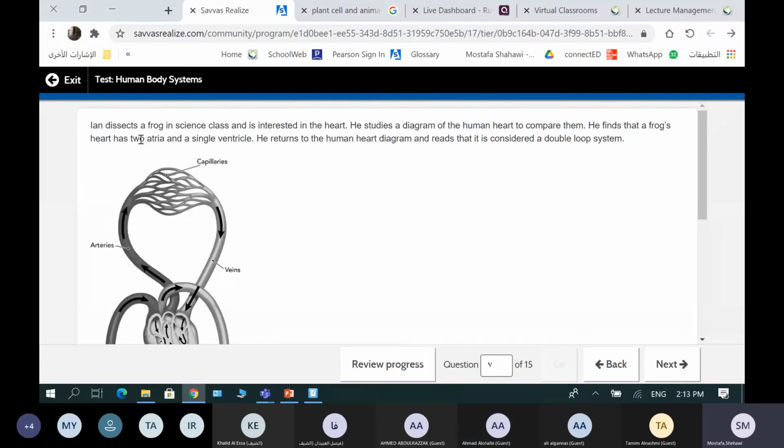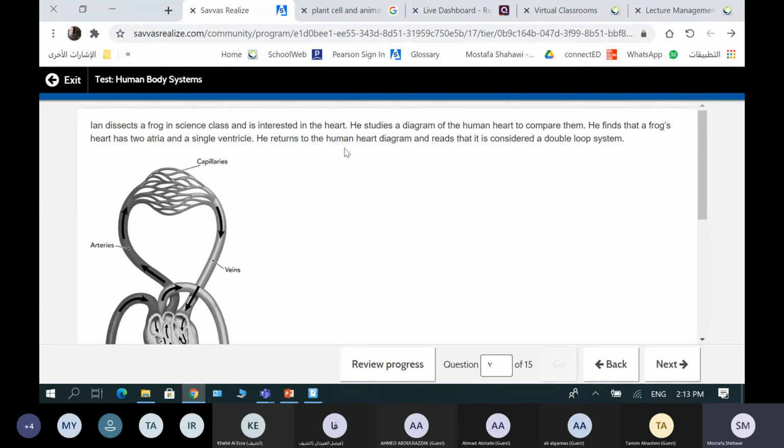I'll read it again. Ian dissects a frog in science class and is interested in the heart. He studies a diagram of the human heart to compare them, the heart in the human circulatory system and in the frog. He finds that the frog's heart has two atria and a single ventricle, so it's three chambers, not four.